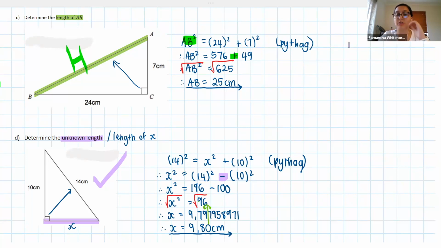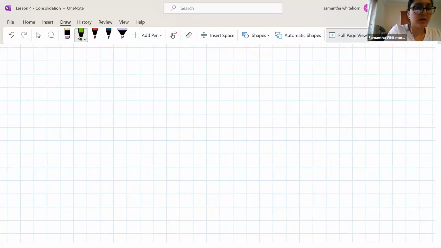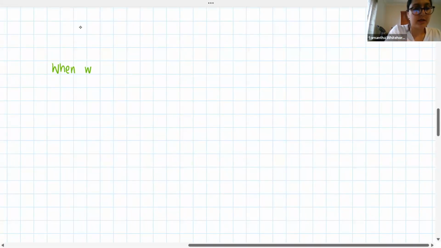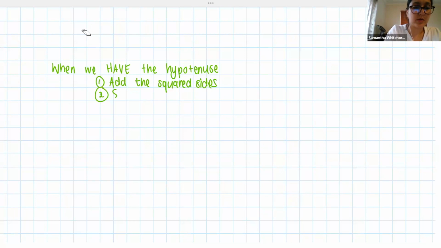Right, I'm assuming we've all got our screenshots. So I'm just going to write that little summary for you guys. Okay, so when we have the hypotenuse, that's not how you spell hypotenuse. Let's try that again. Hypotenuse, we will add squares. And then we will square root.